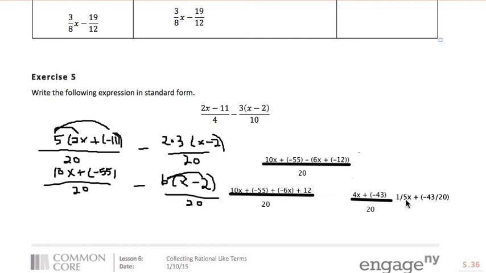And in our final step, we'll split these two terms apart, and we would have 4/20ths x, which simplifies to 1/5 x, plus negative 43 over 20. And we can leave this improper fraction alone, or we could change it to negative 2 3/20. Either one is fine. Please practice with the different samples in the problem set. We only get better with practice in these.